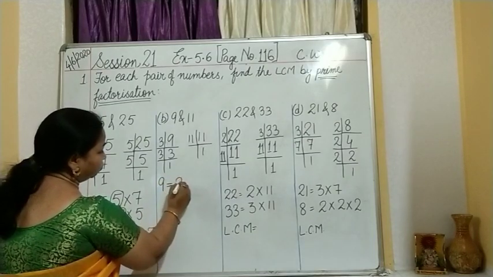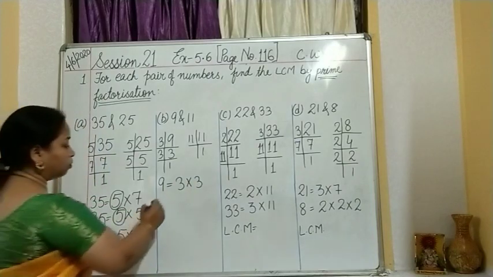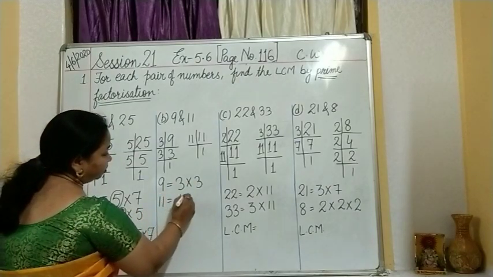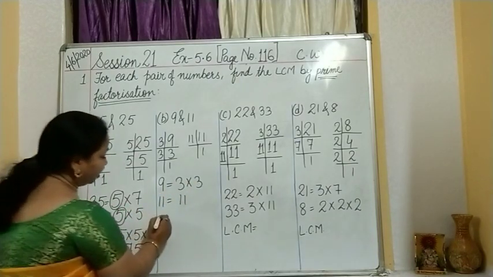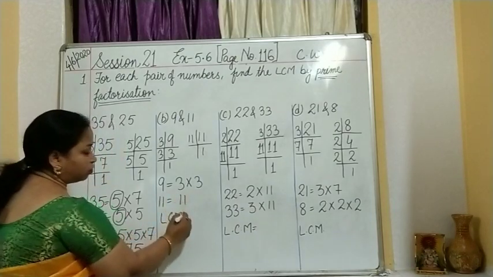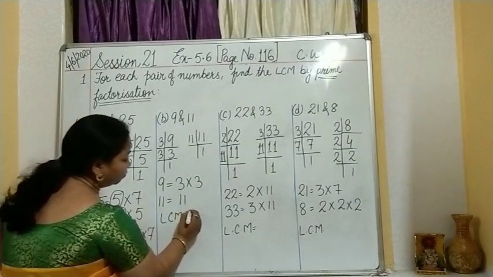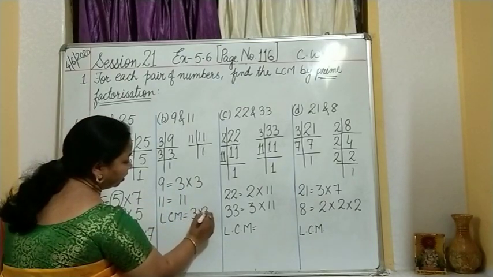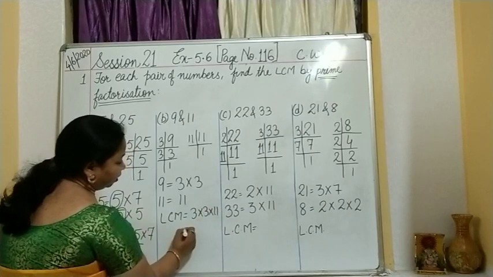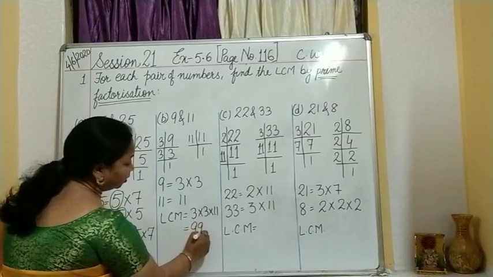First we write down the prime factors we have got for both numbers. Is there anything common? No. So we will multiply 3 multiplied by 3 multiplied by 11. 3 3s are 9, 9 11s are 99.